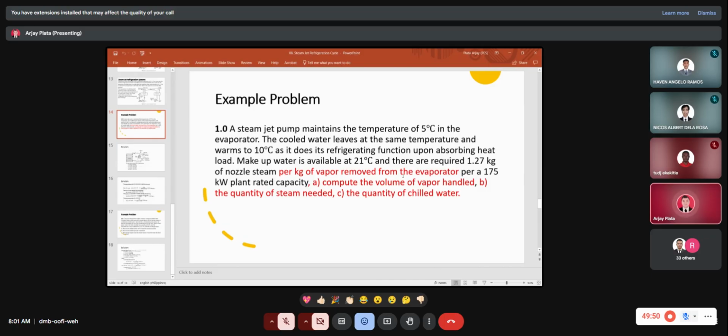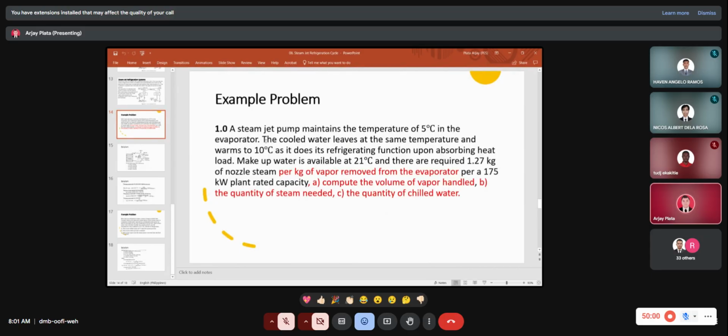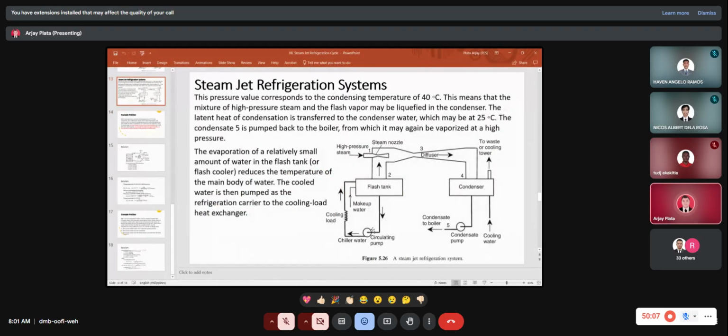So we have here, going back, a steam jet pump. This is it, the steam jet pump. So the problem says a steam jet pump maintains the temperature of 5 degrees Celsius in the evaporator. So the temperature here is 5 degrees Celsius. So this is the chilled water coming from the flash tank, and the temperature is 5 degrees Celsius.